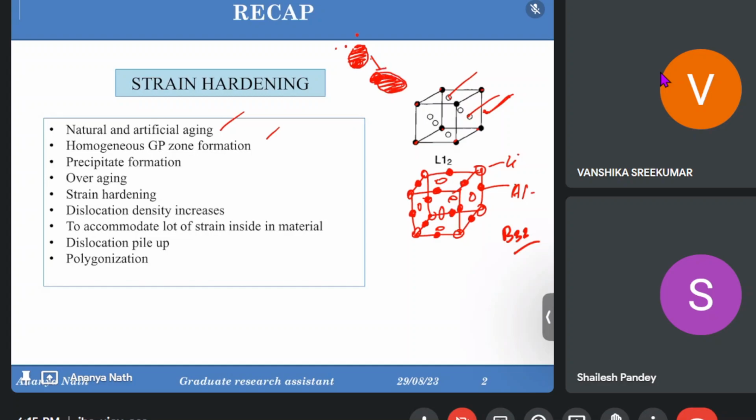As a result, the distance between them increases, and the dislocations will again find it easy to move through the solute atoms or precipitates.